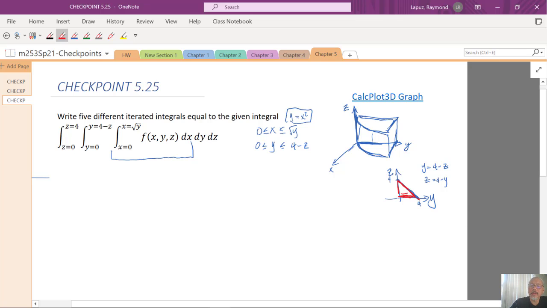So if we recreate that drawing here in 3-dimensional space, we mark this at 4, that's this 4 over here, and then we look for the 4 in the y as well, that's this 4 over here, and draw this line going down. That's that line. So this is the back of the surface that we're looking at.